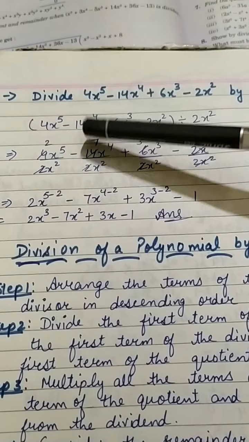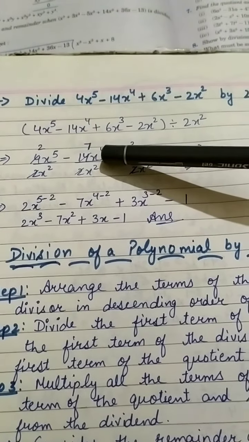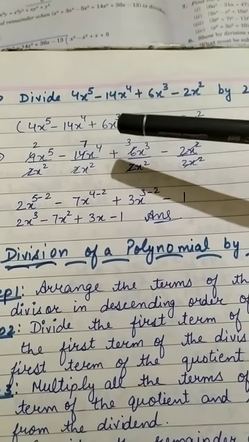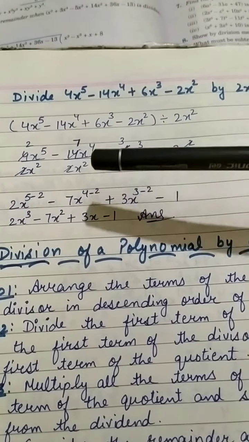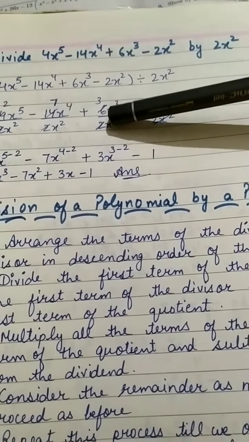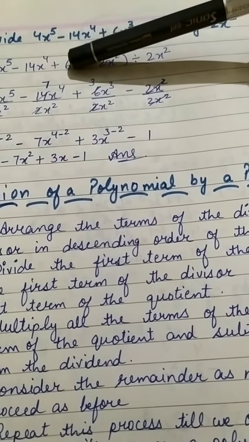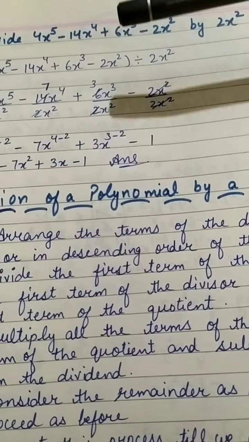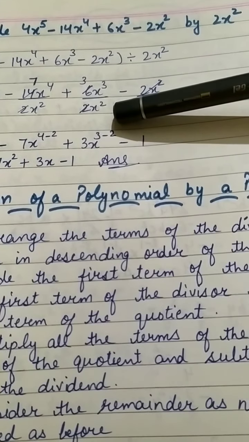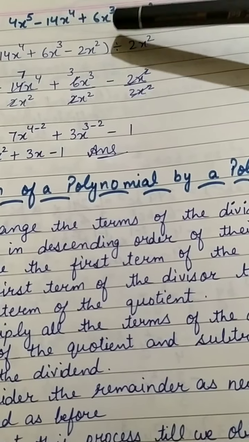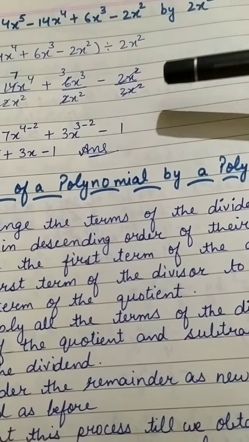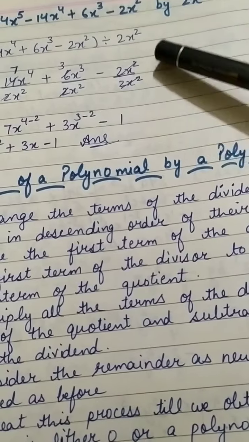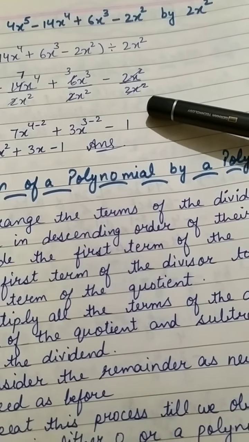The sign is minus, meaning subtraction, so we will write the sign of subtraction here. 14x raised to the power 4 upon 2x square, plus, because it has a positive sign there, 6x raised to the power 3 upon 2x raised to the power 2, minus 2x raised to the power 2 upon 2x raised to the power 2. So this will cancel, because both are the same and in division, so both will cancel.